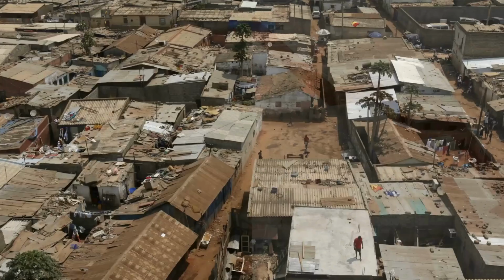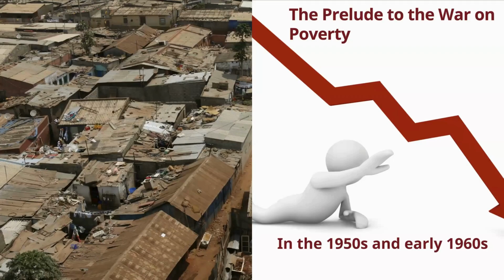So let's look at some of these impacts that we're talking about for the war on poverty. Before the war on poverty, the Social Security Act made some incremental progress. It extended benefits to dependents, survivors, and disabled workers.